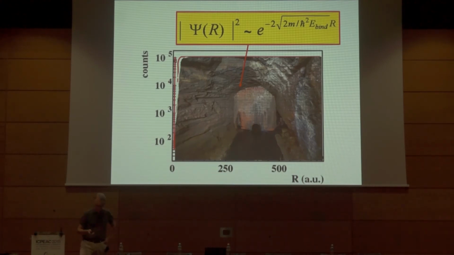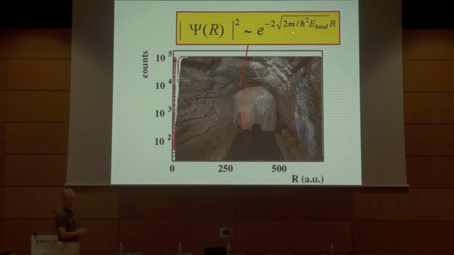Now, if you think back to your introductory quantum mechanics course, and all the different theories agree on that point, if you are in the tunneling region of any wave function, the wave function becomes, according to textbooks, very simple. It's proportional to a decaying exponential, and in the exponent, there are only trivial quantities.